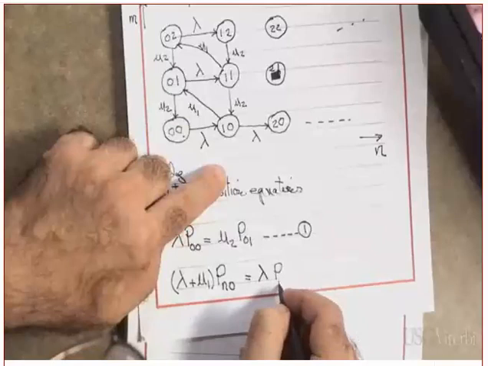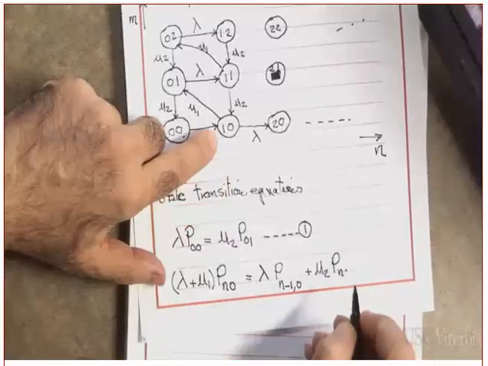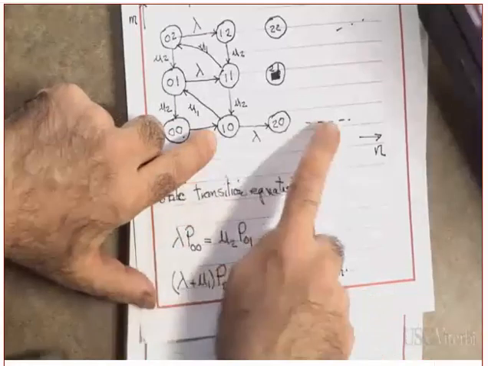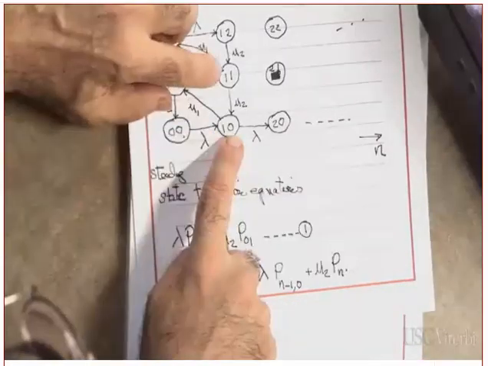Remember, from any one of these, plus lambda, yes? Oh, I messed up, it's mu1. I'm sorry, mu1. Okay, P what?